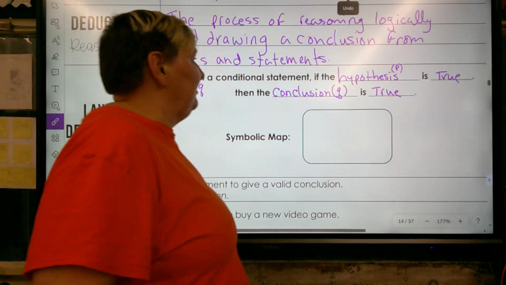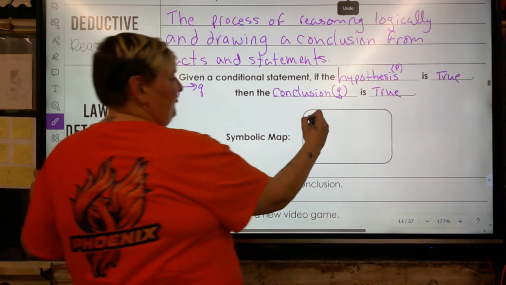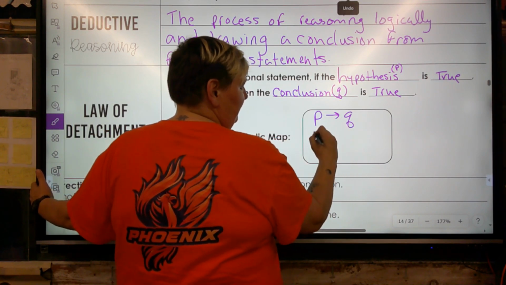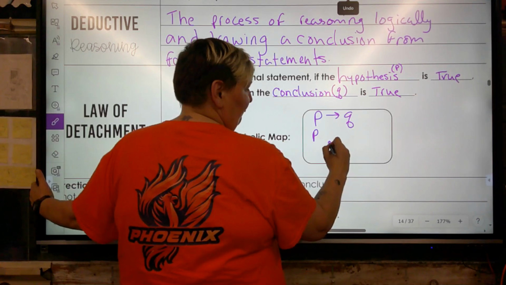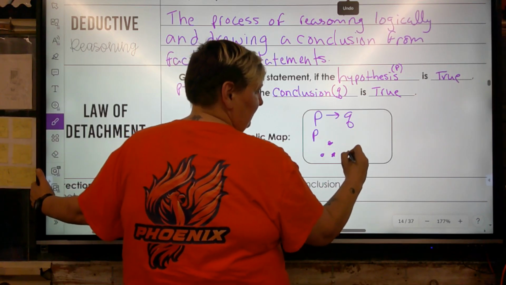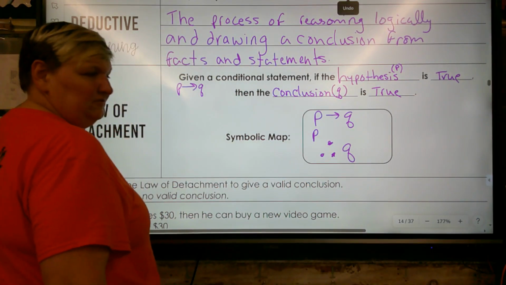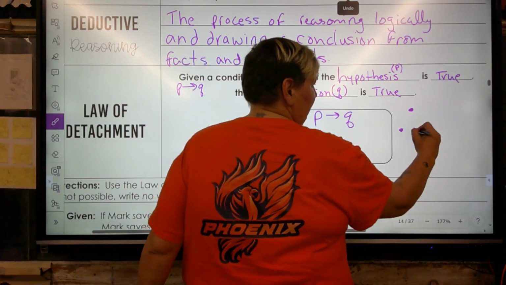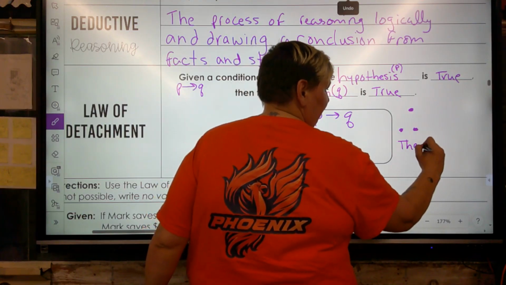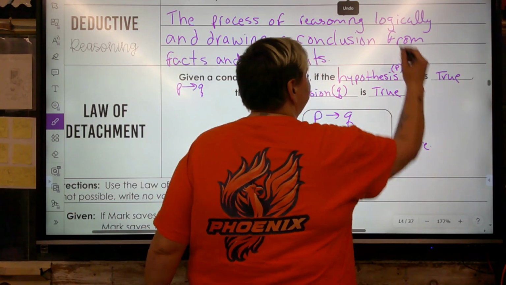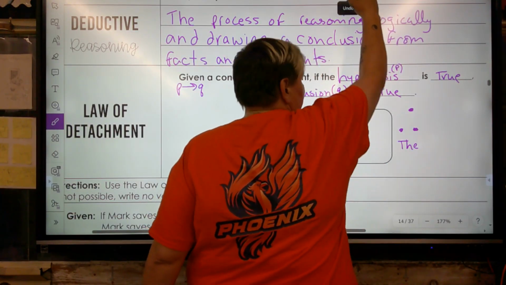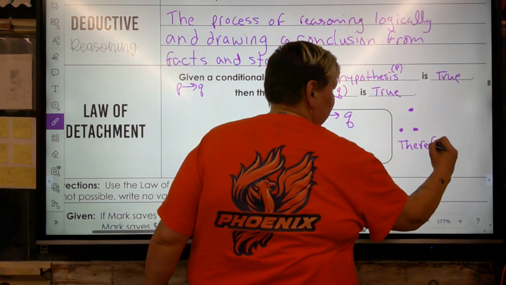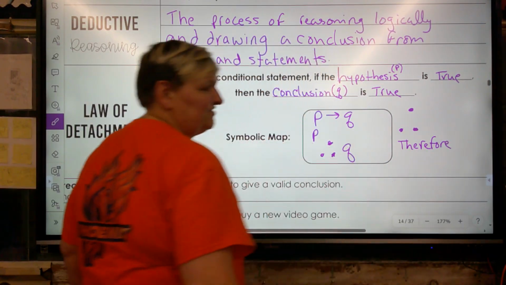Right? And symbolically, this is represented as if you are given a conditional statement and the P is true, therefore Q must be true. Right? This little doohickey symbol here means therefore.